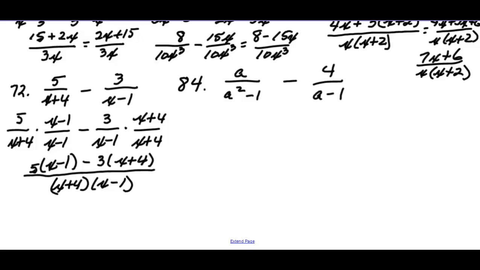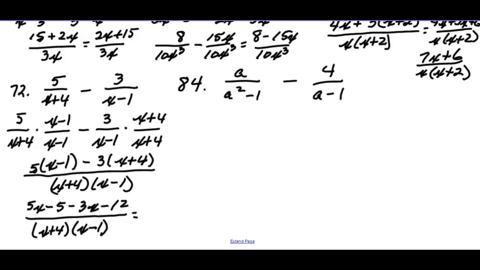And our denominator now is going to be those two binomials, x plus 4 times x minus 1. You'll notice that I combine them that way. If you wanted to combine them x minus 1 times x plus 4, you're more than welcome to do that. So now when we multiply across in our numerator, we get 5x minus 5 minus 3x minus 12 all over x plus 4 times x minus 1. You know, it would be nice if you could shortcut some of these processes and not do all this writing, save yourself some lead, pencil, and time.